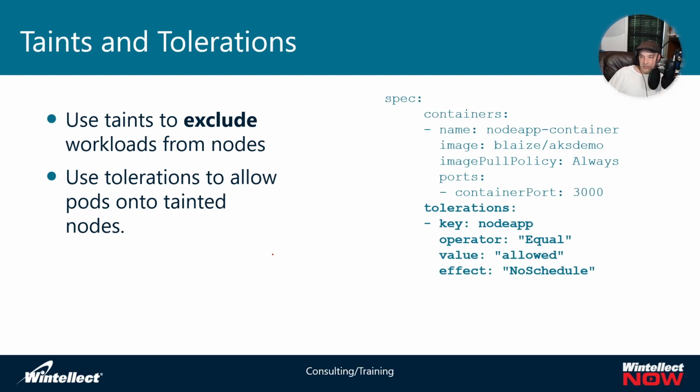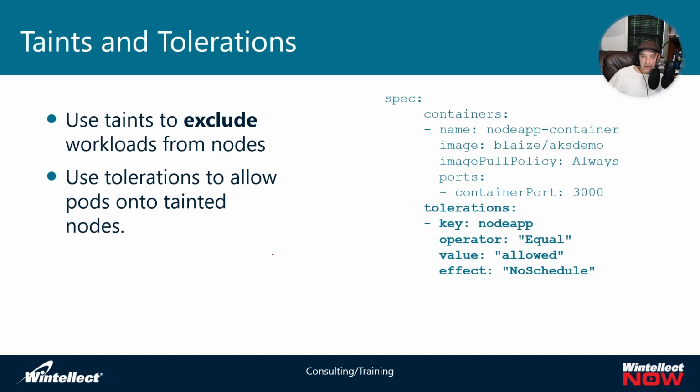So this allows me to exclude node pools from being considered for workloads. I can take a workload, deploy it to my cluster, and what Kubernetes is going to attempt to do is distribute that across whatever nodes are available, except for nodes that are tainted.